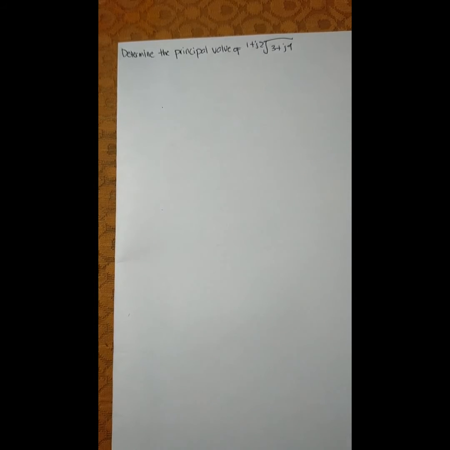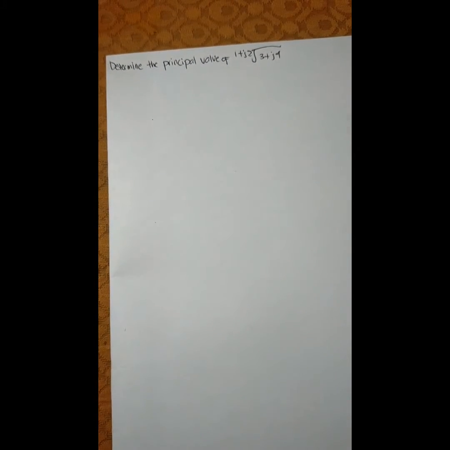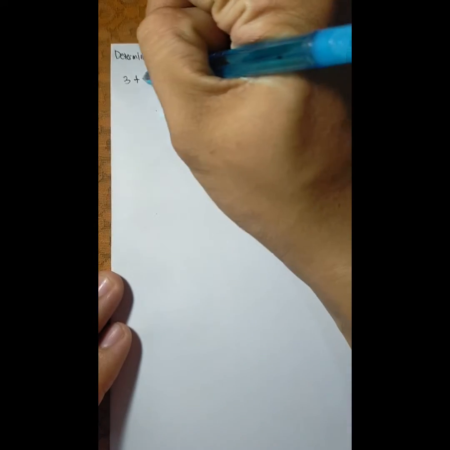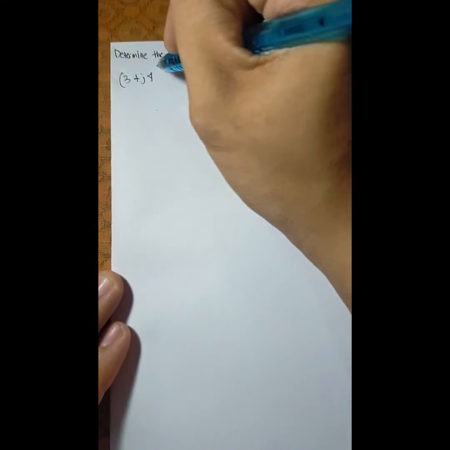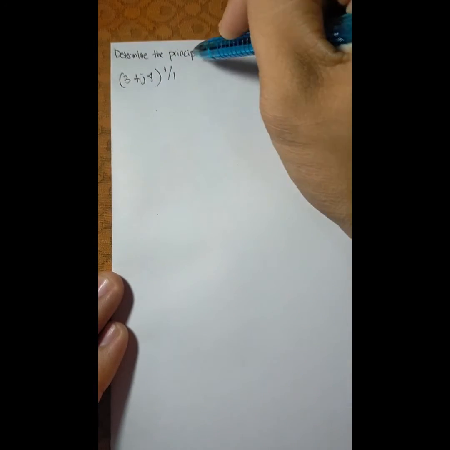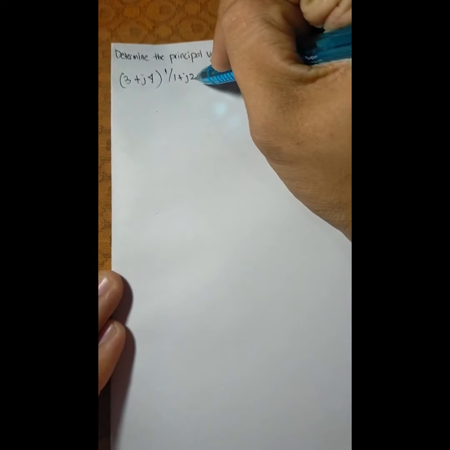Okay, so in our third problem, we must determine the principal value of (1 + j2) root of (3 + j4). So we can rewrite this as (3 + j4) raised to 1 over (1 + j2).